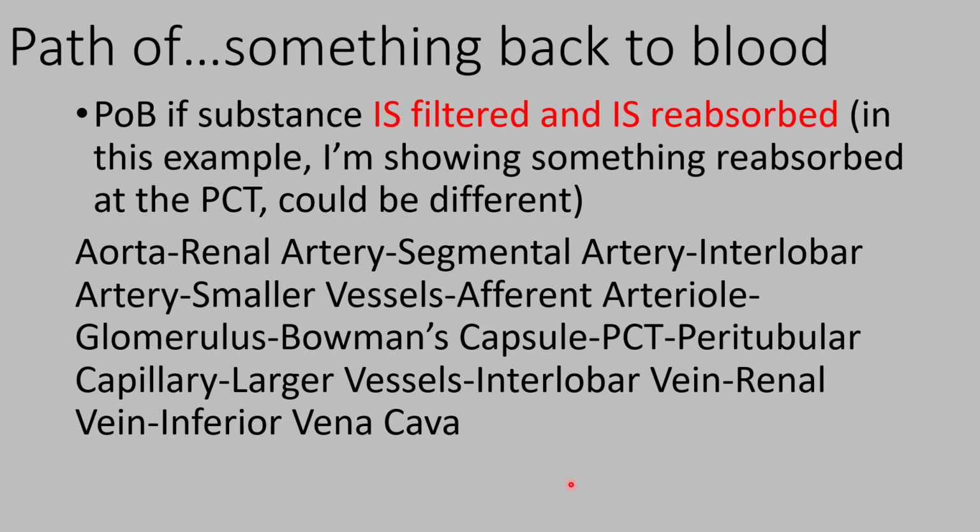So it could be reabsorbed anywhere in the nephron, but in this example, it's filtered, but then it's reabsorbed at the proximal convoluted tubule. So this is the path of something as it gets to the glomerulus, it's filtered, and then it's reabsorbed at the proximal convoluted tubule. It gets to the peritubular capillary because it was just reabsorbed.